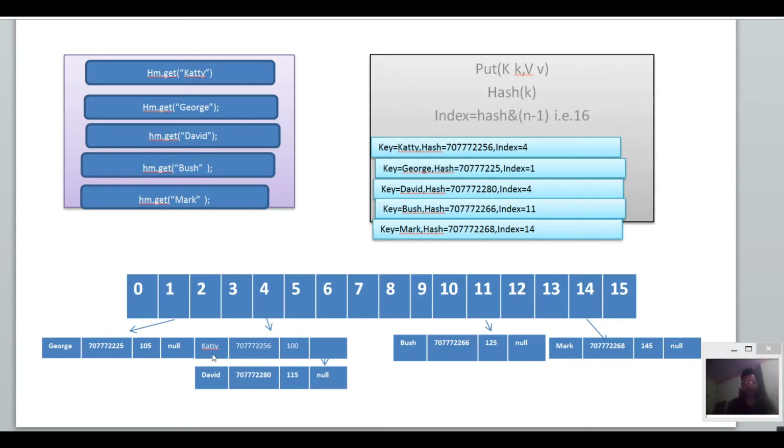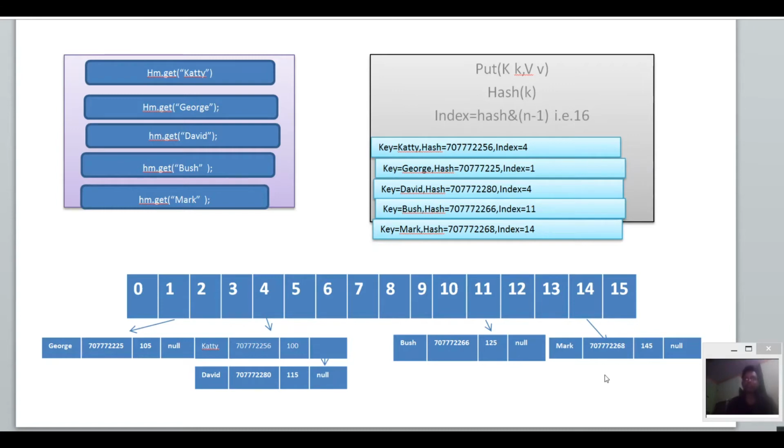The first object has key Caddy, hash value 7077772256, value 100, and its pointer is pointing to the next object, which has key David, hash key 7077772280, value 115 and pointing to null. In the same way the other 2 objects are stored, one at 11 and the second at 14.